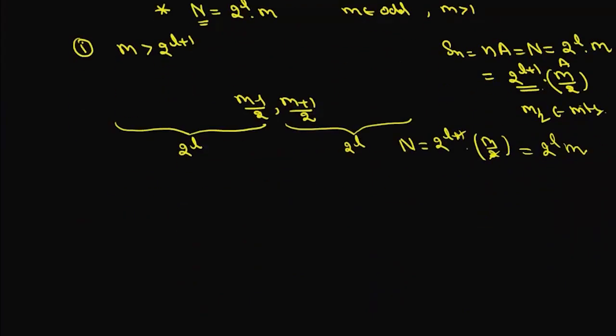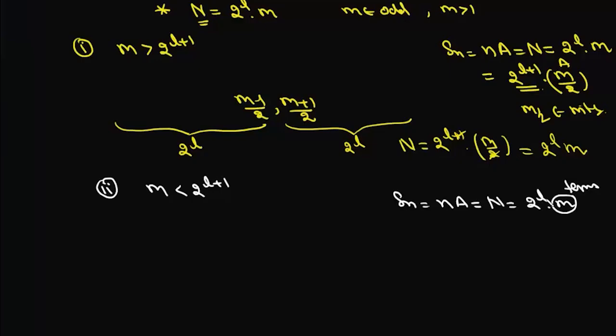Now we'll consider the second case, when M is less than 2 to the power of L plus 1. In this case also, we need this sum N to be N A, and it should be 2 to the power L into M. Here we'll take M terms and we'll take this as the average.